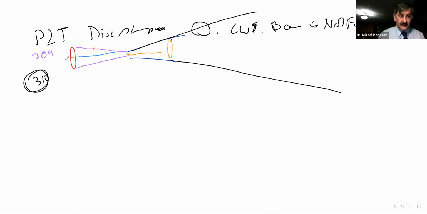This PCT will not be able to produce a beam that starts like this. So in the near zone, the diameter of the beam cannot be greater than the size of the PCT.